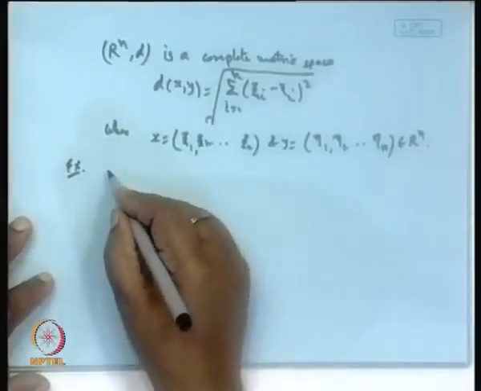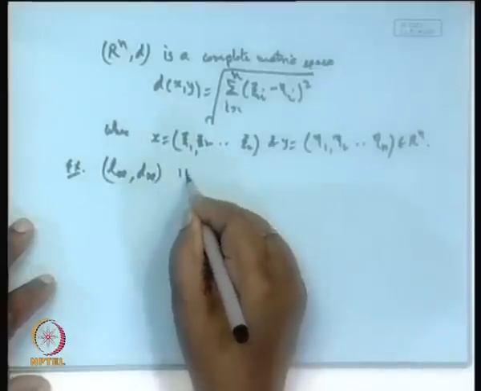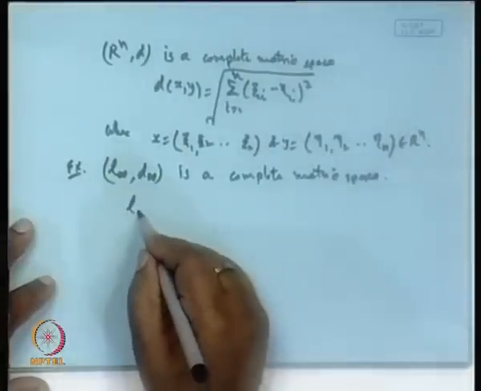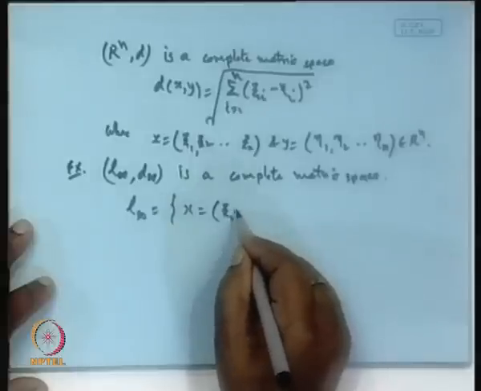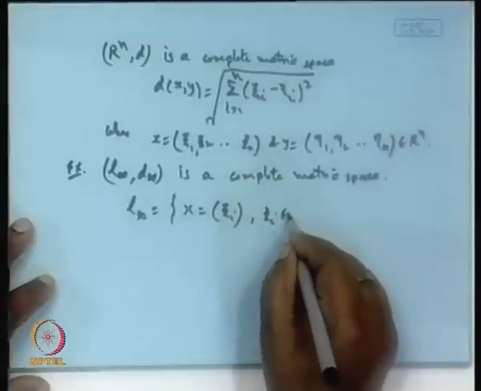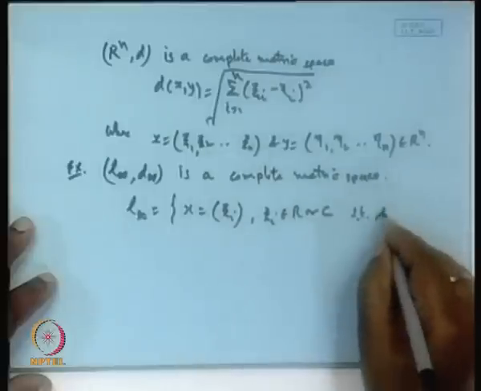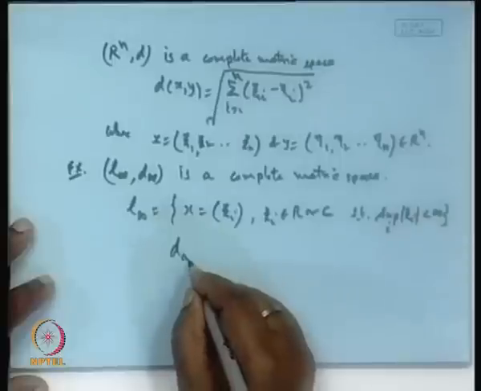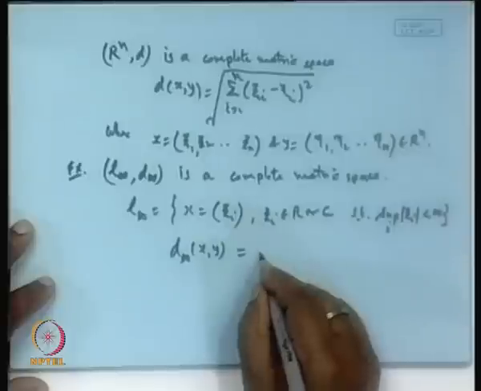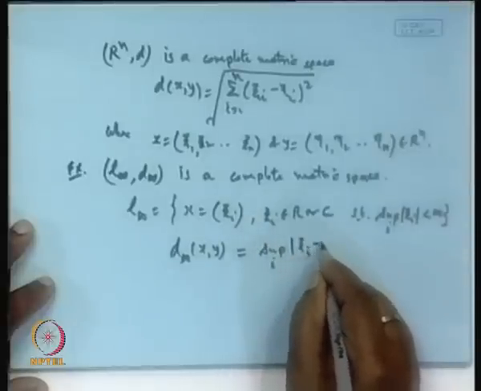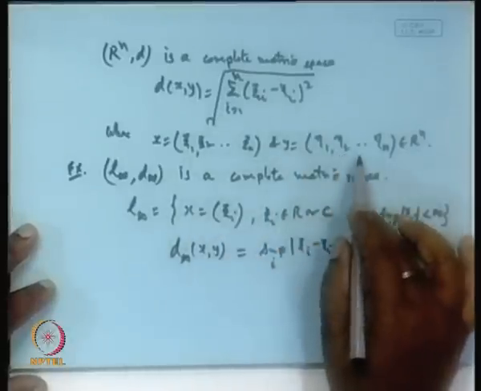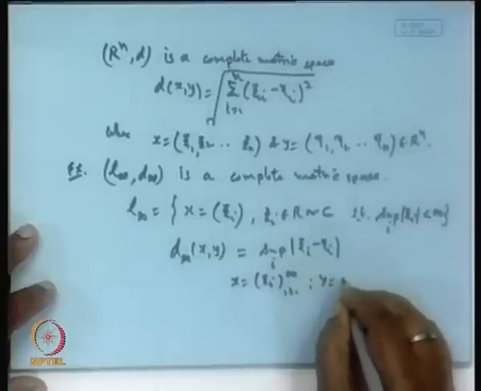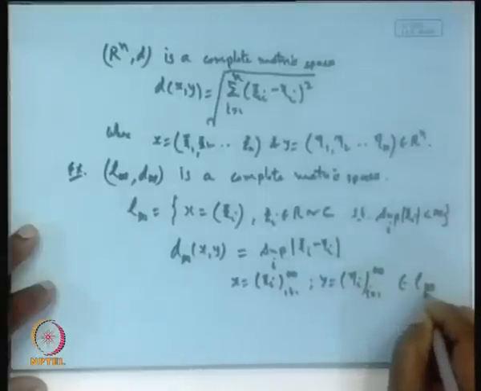So, another important example is the L infinity space under the metric d infinity, which is a complete metric space, where L infinity, as we know, is the collection of those infinite sequences xi such that the supremum of mod xi is finite, that is, the set of all bounded sequences of real or complex numbers. And the metric which we have introduced is d infinity of x, y as the supremum over i of mod xi i minus eta i, where x is xi i, i is 1 to infinity, and y is eta i, i is 1 to infinity, both are elements of L infinity.